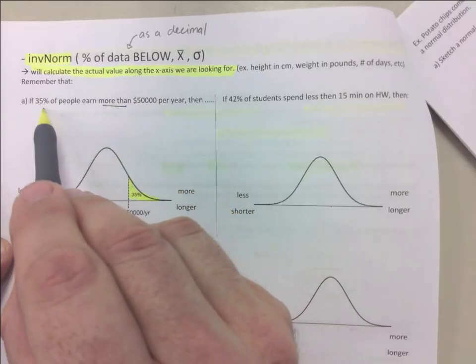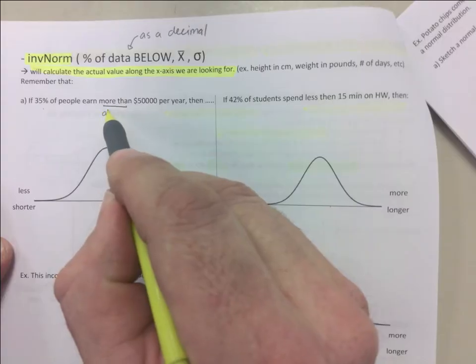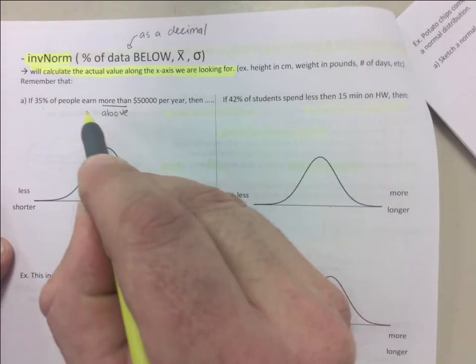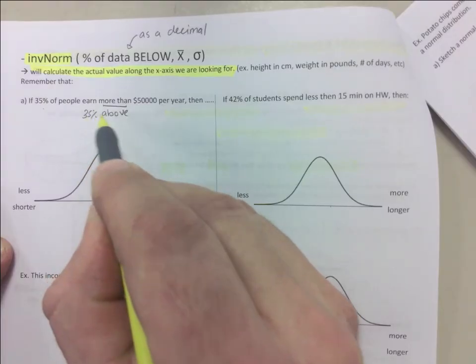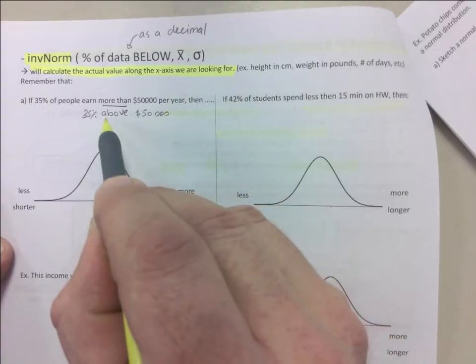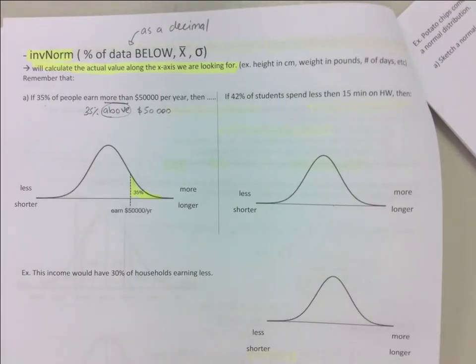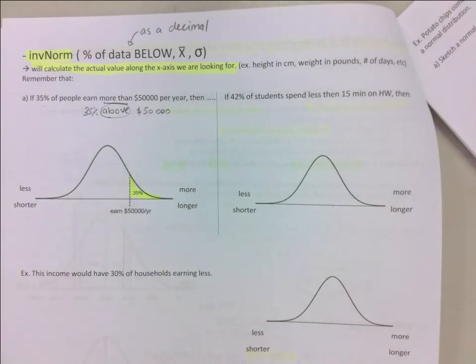So you're saying that percentage is above this. Okay, I will say this. Above, 35% above $50,000. Please write this down. More than is above. How should I say this, guys? I'm going a little fast, but I'll do this again tomorrow, okay?